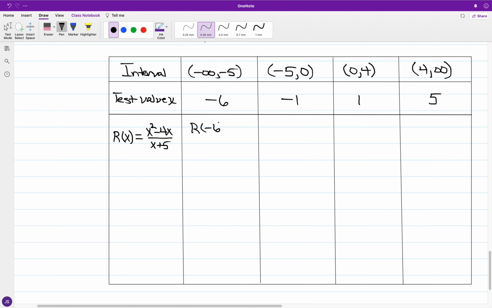And in the case of r of negative 6, okay, so you have what's going to be negative 6 squared, so that's going to be 36. Negative 4 times negative 6 is going to be a positive 24. We've got negative 6 plus 5. So we got 36 and 24 will be 60 over negative 1. And so we got negative 60.